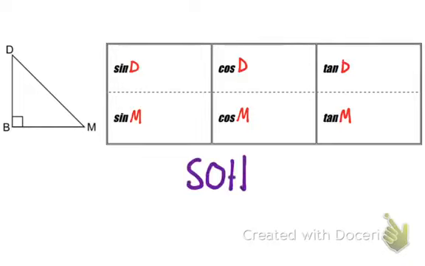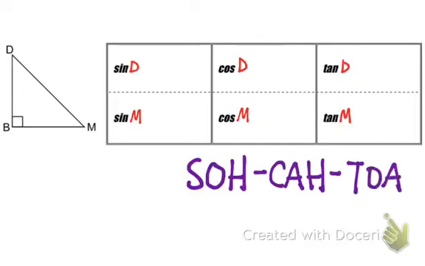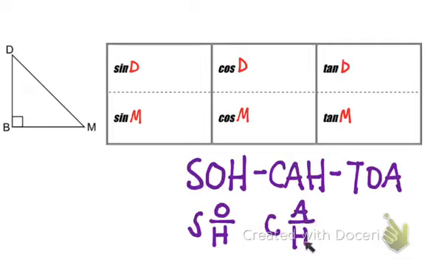And that's SOH CAH TOA. How that helps us is it helps us relate a ratio to a specific trig function. So for SOH, we're using the sine function, and the ratio would be the opposite over hypotenuse. I'll talk about these in a second. For CAH, it's cosine, and that's the adjacent over hypotenuse, and tangent would be opposite over adjacent side.